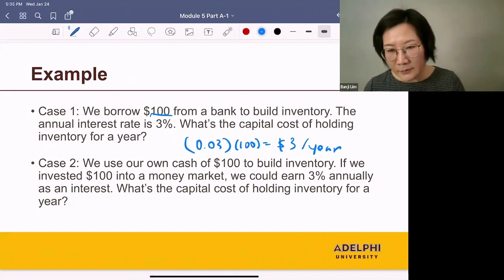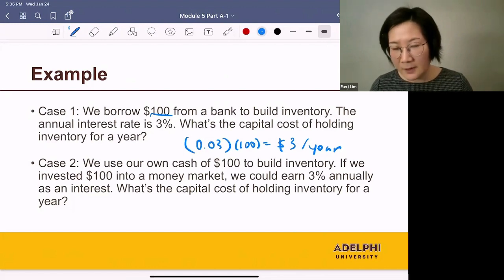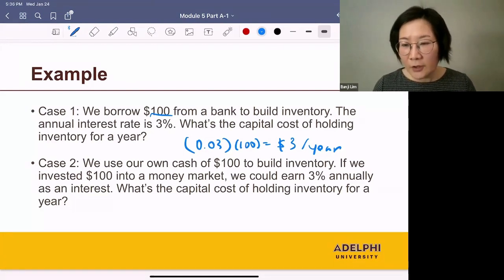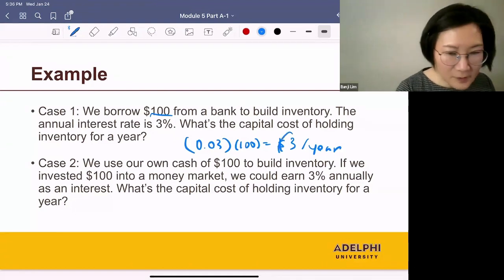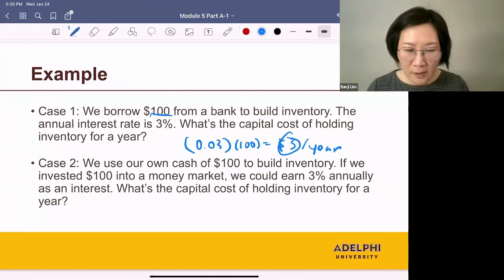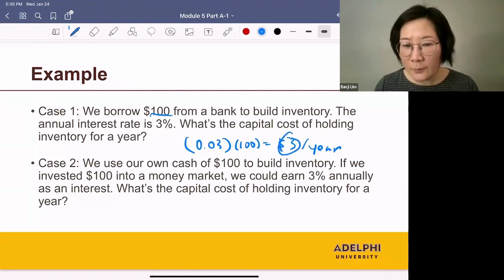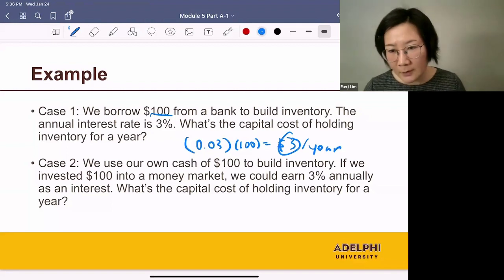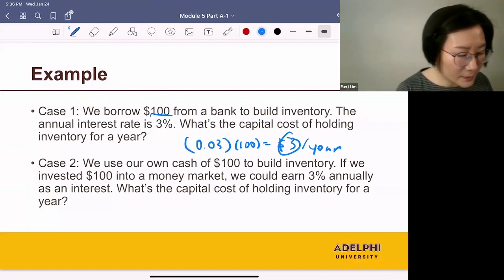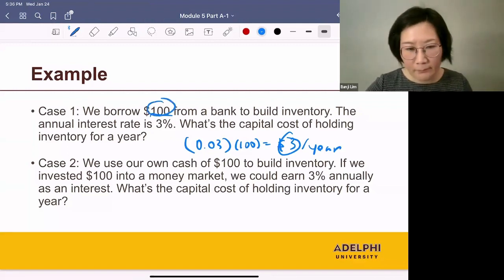So until that happens, you need to keep paying interest, $3 a year. And you can think of these $3 a year as the cost of holding inventory because you need to pay them because you borrowed this money to build inventory. Your money, $100, is tied up in inventory.